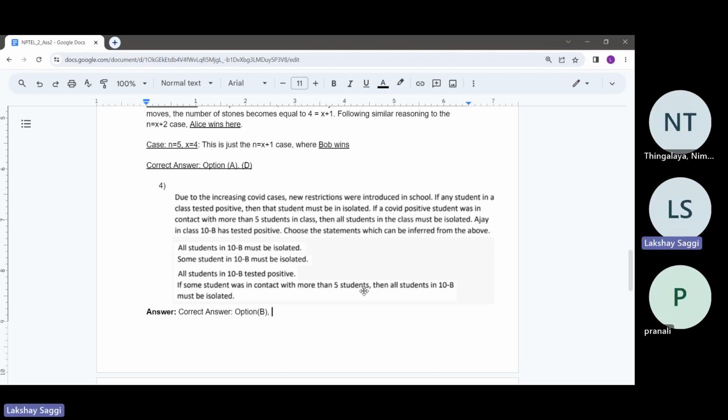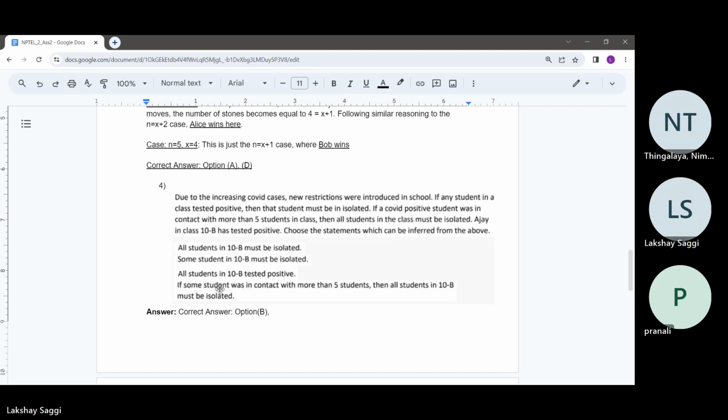But in that case, there is no issue, right? Because Rajiv is not COVID positive. Only Ajay we know for sure is COVID positive. So this some student can be any student, right? Here, this some student referred to Ajay, but this instantiation of some student can be any student.